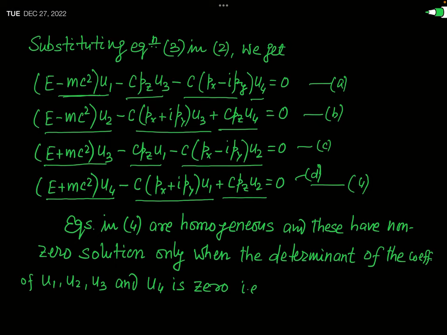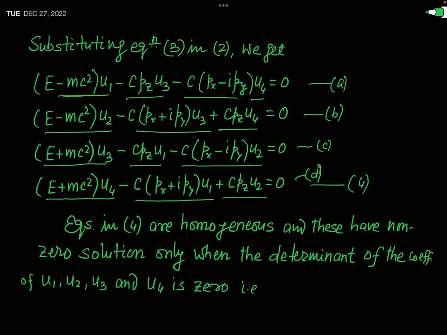So to get the non-trivial solution of equations in 4, we will equate the determinant of the coefficients of u1, u2, u3 and u4 in equation 4 equal to 0.